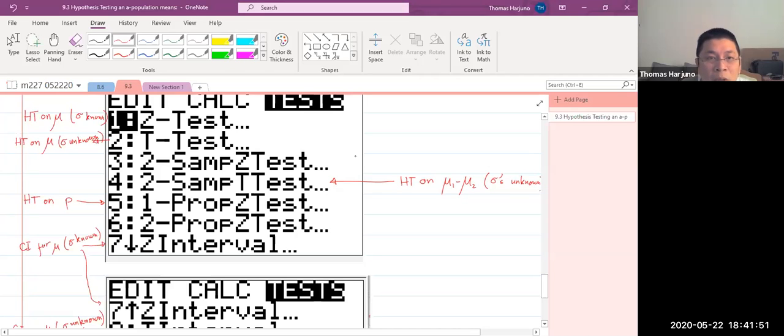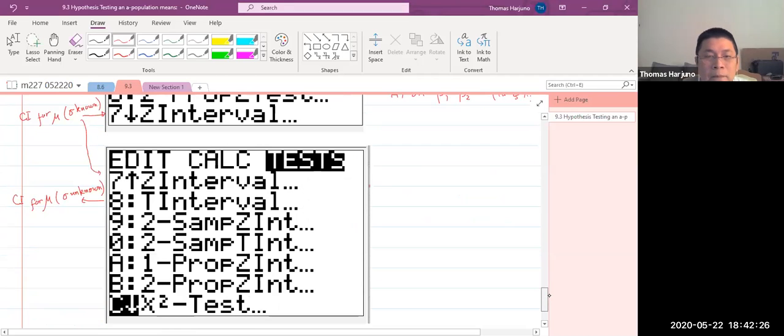This is if sigma is known: hypothesis testing on mu1 minus mu2 with sigma known. You will see this one here is hypothesis testing on P1 minus P2, something we will see in section 9.2 later.